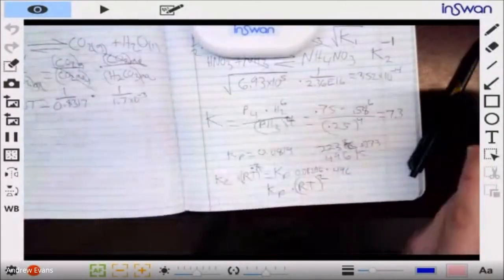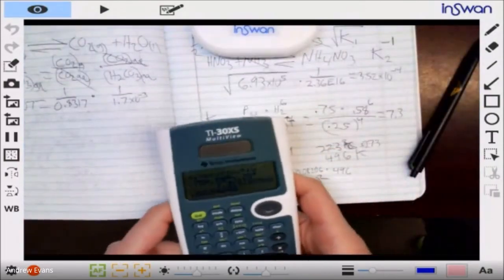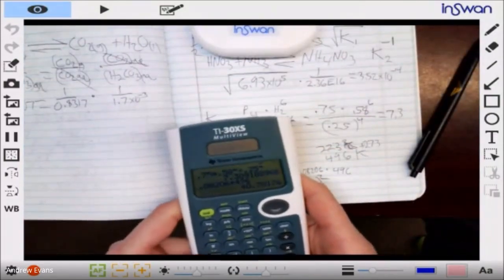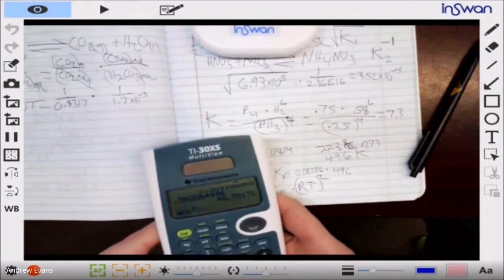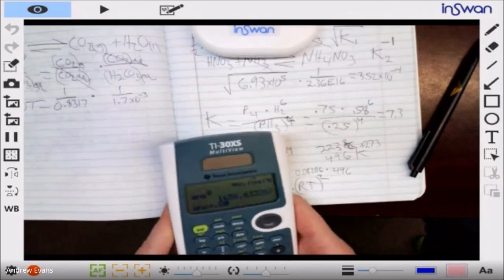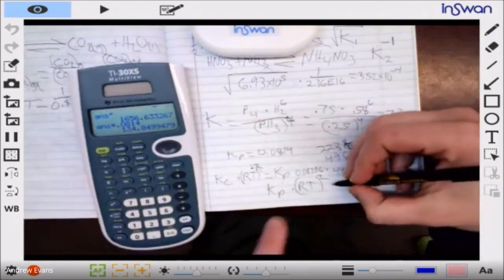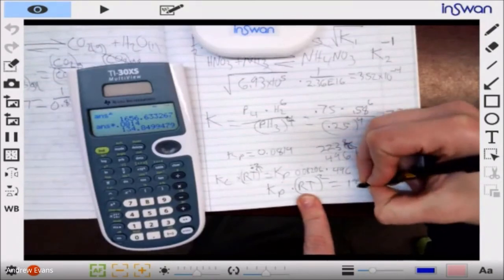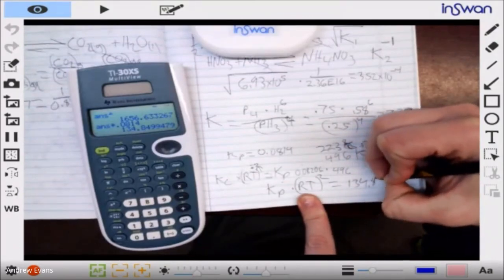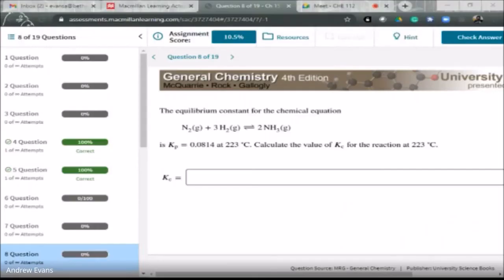So it becomes 0.08206 times 496, all that squared, times our 0.0814, which was our Kp. So you get our Kc, which is 134.8. Let's try that.